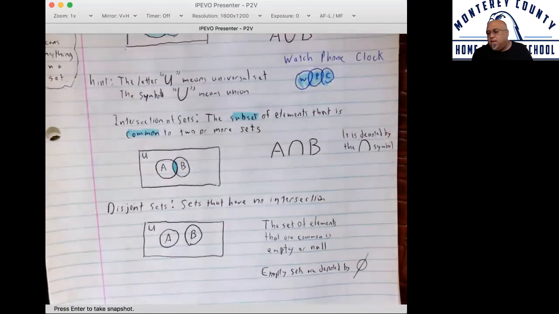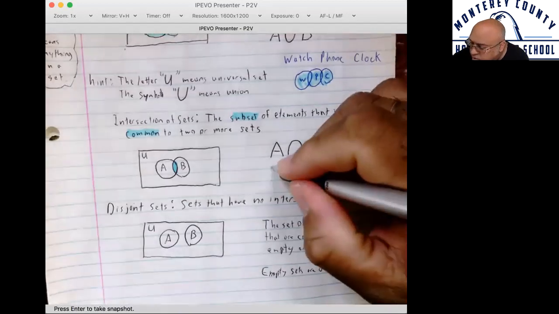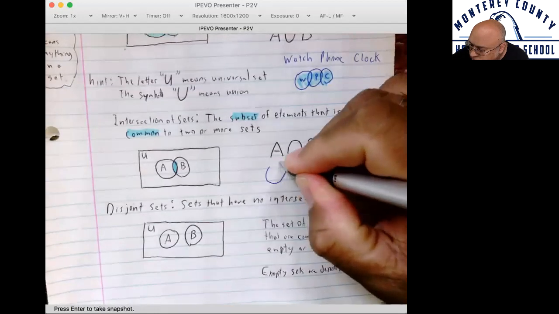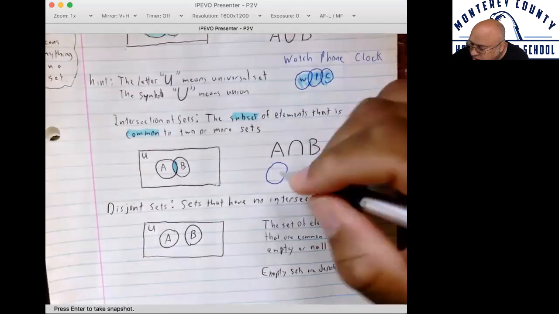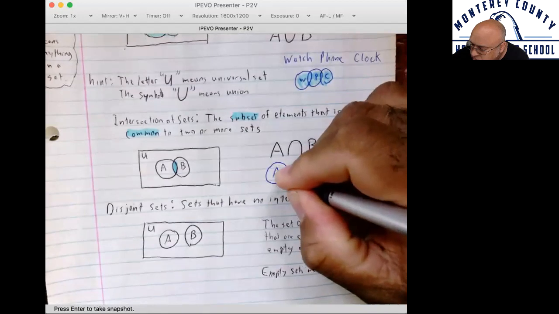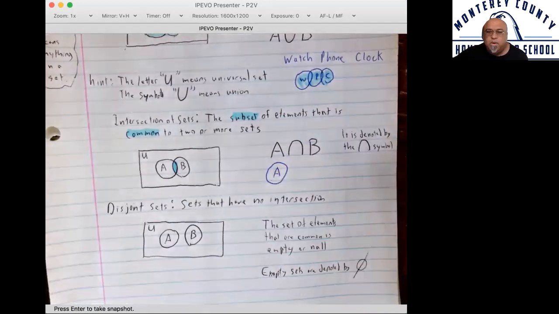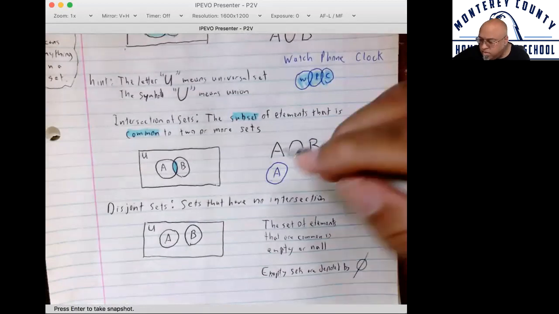Now let's take another example. Remember how I mentioned the watch, the phone, and the clock? Let's just say that I have two different sets. Set A would be things that are portable that you can take with you.